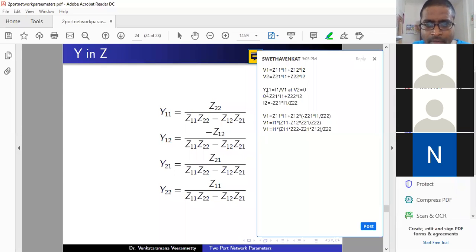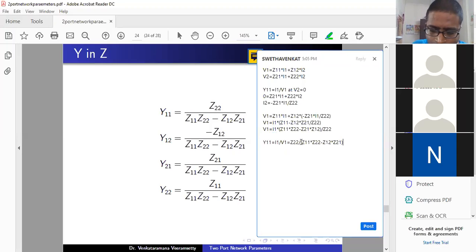So from the definition of Y11, Y11 equals I1 by V1. Now V1 is here and I1 is here, so take V1 to this side, then we have I1 by V1. So I1 by V1 will become Z22 divided by Z11 multiplied with Z22 minus Z12 multiplied with Z21.